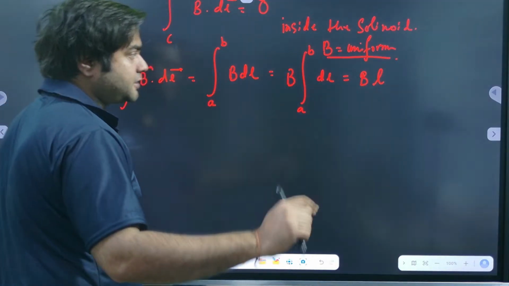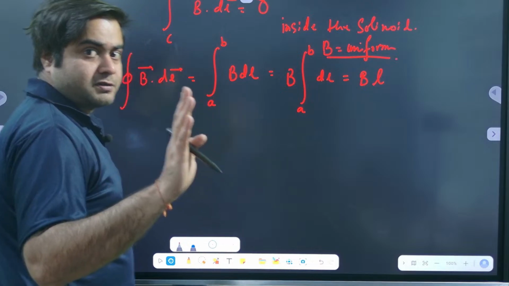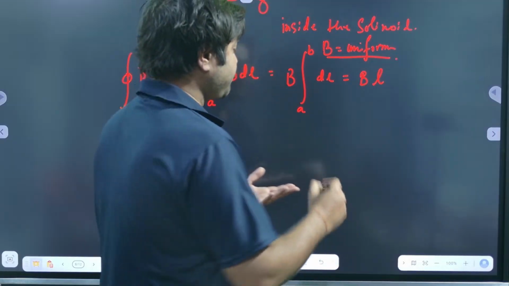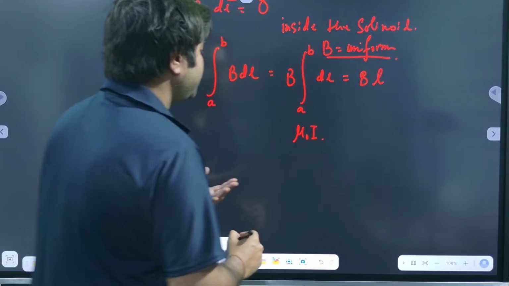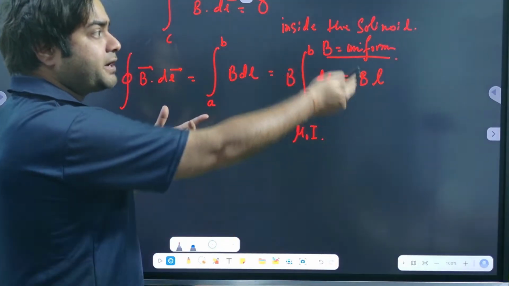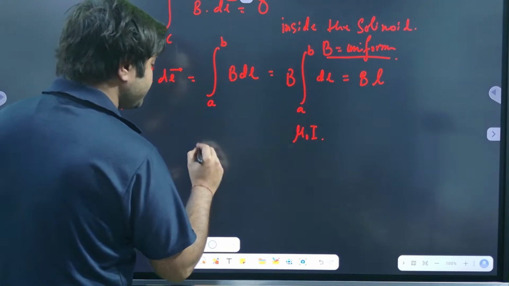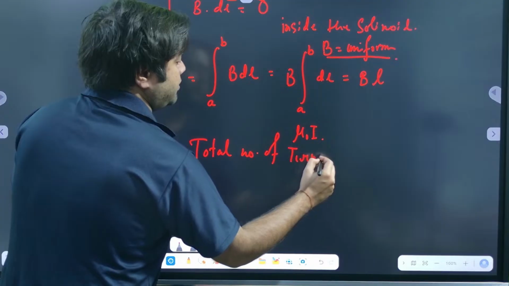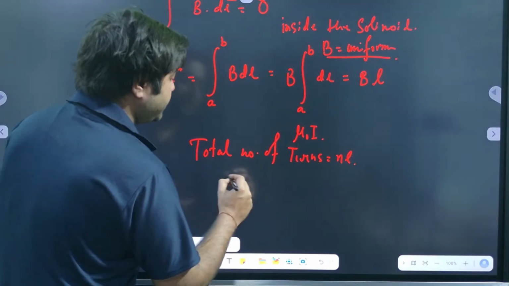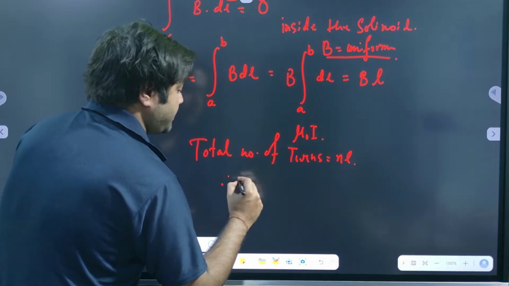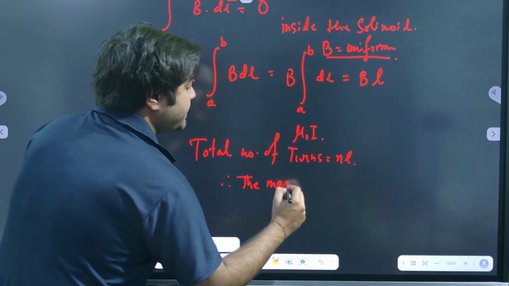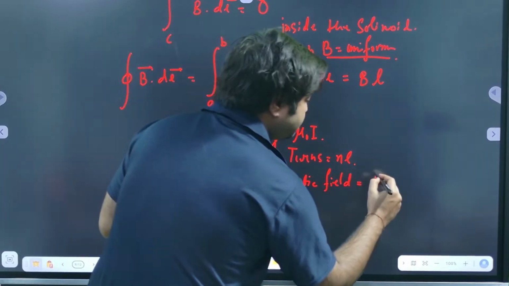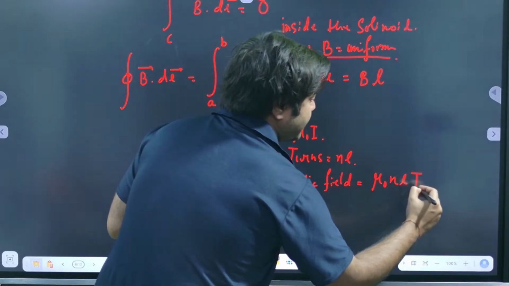Now for a single turn, according to Ampere's law, your magnetic field is mu naught I. हमारे यहाँ पे एम्पेरियन लूप के हिसाब से टोटल नंबर ऑफ टर्न्स कितने हो रहे हैं? That is NL, and due to this the magnetic field will be mu naught NLI.